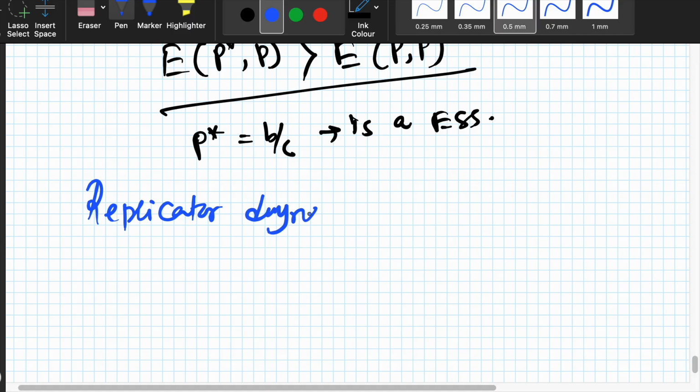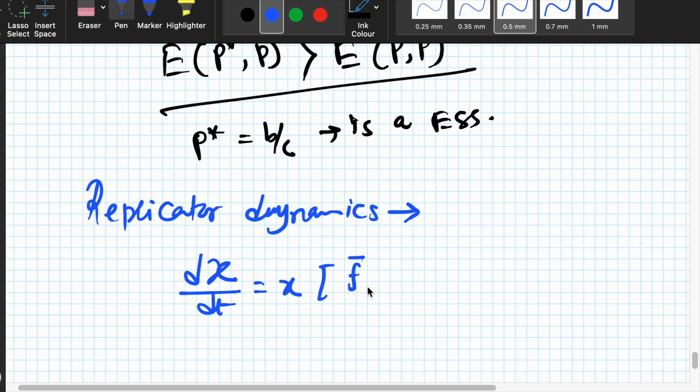Replicator dynamics captures the Darwinian evolution, where the change of frequency is proportional to its current frequency and the fitness of, suppose, hawk minus the average fitness.